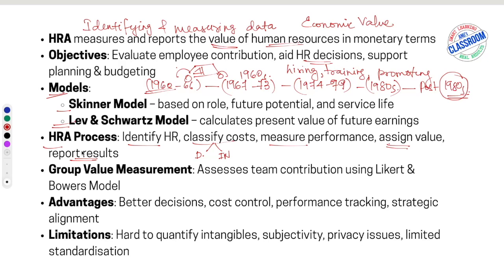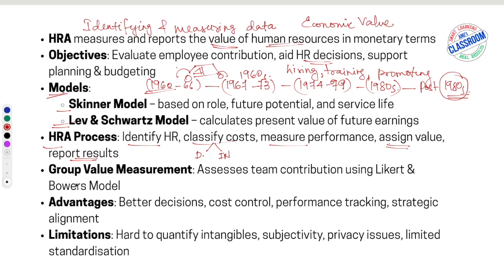Now, let's say you have a dream team, maybe the Avengers or maybe even your college project, right? HRA measures the value of individuals, yes, but it doesn't just end there. HRA can also be used to measure the value of groups.